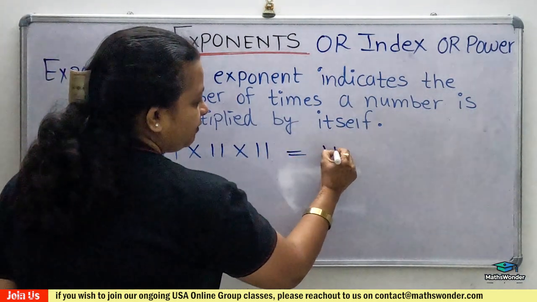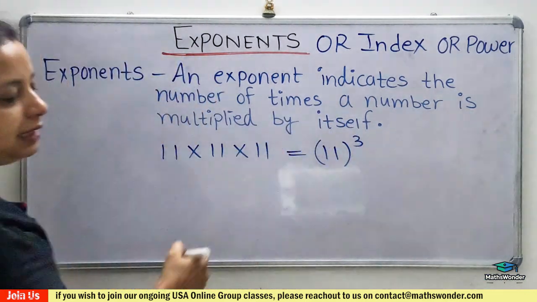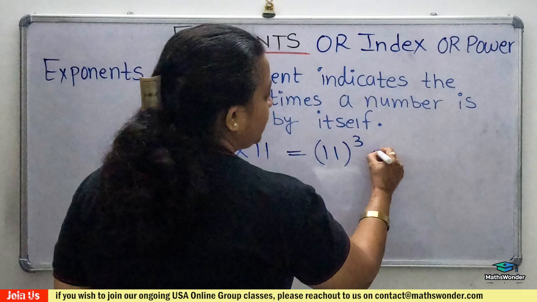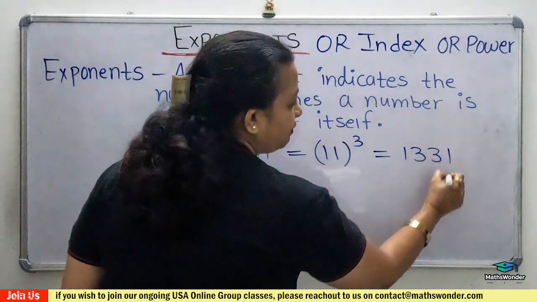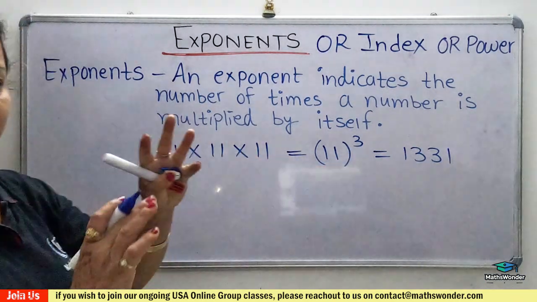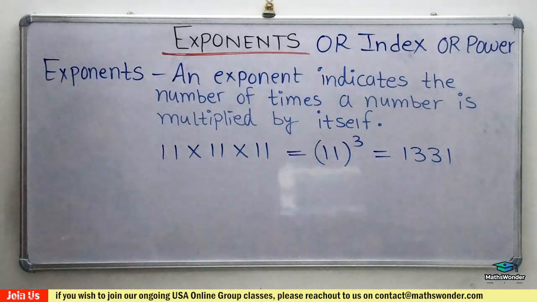You can write it as 11 raised to the power 3, because these are the 3 times. And when you multiply it 3 times, you will get 1331, right? So how will you read it? 11 raised to the power 3. In general, in 11 raised to the power 3, 11 is the base and 3 is the exponent. I will tell you in detail.